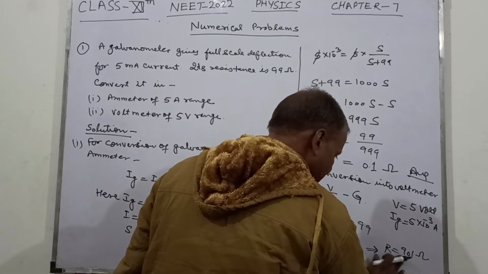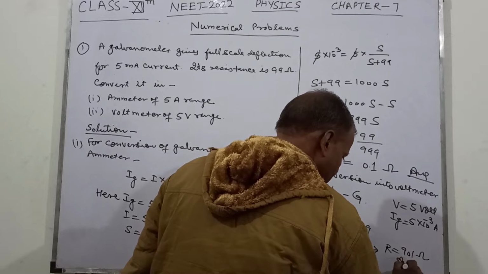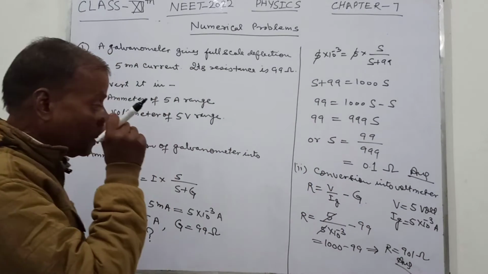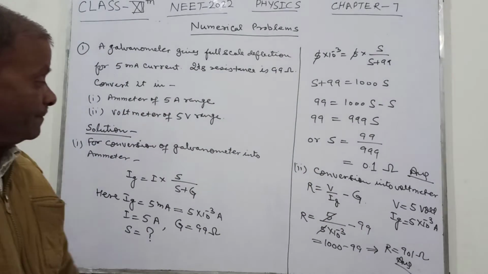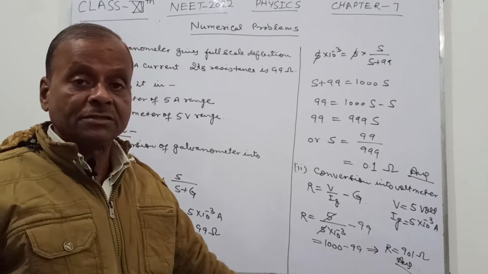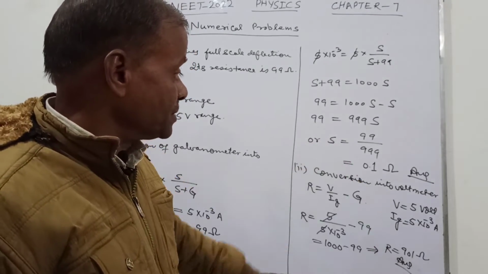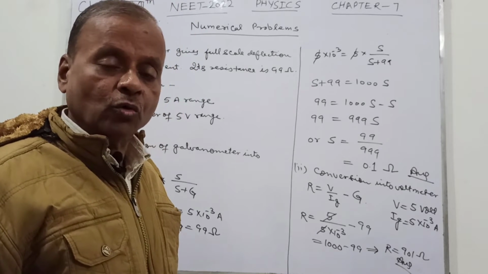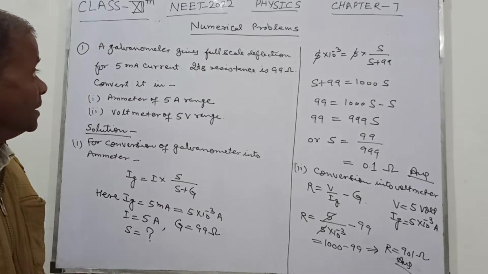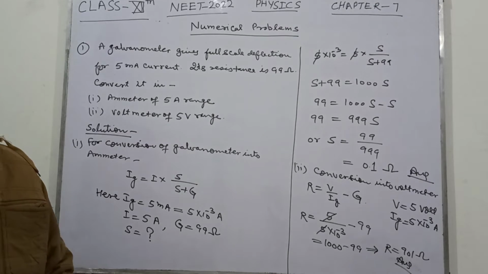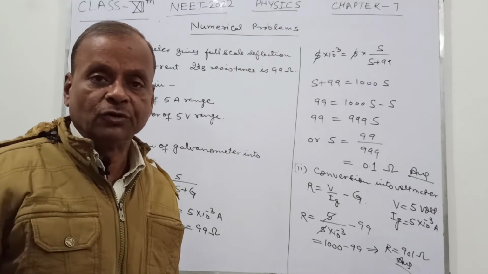This is the answer. Thus you can see that here we have a high resistance, 901 ohm, and for the ammeter a very low resistance, 0.1 ohm. So this is the conversion of the galvanometer into the ammeter and voltmeter.